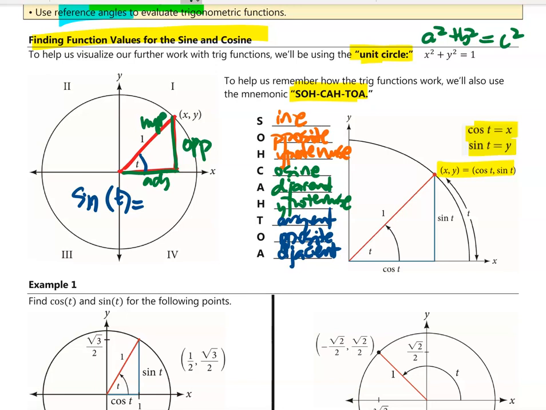So we know that sine is opposite over hypotenuse, and this side here is the y side over 1, which is equal to y over 1, or simply equal to y. So that's why sine t here is equal to y.